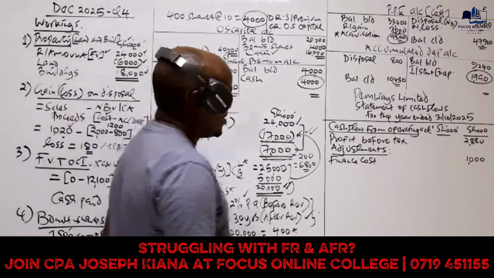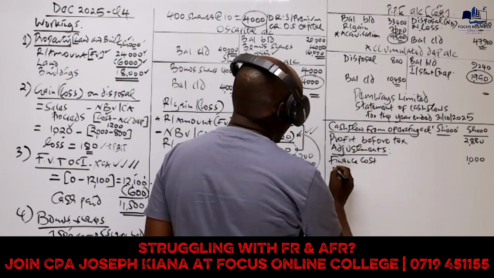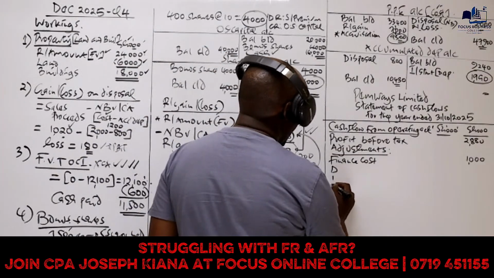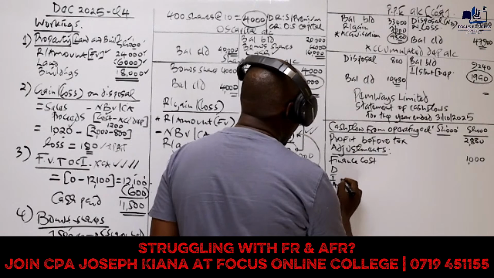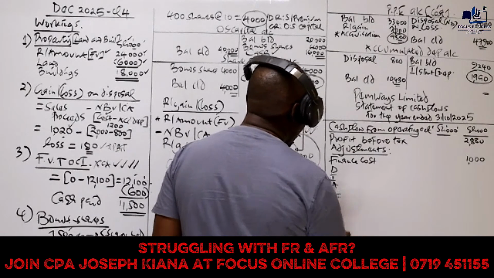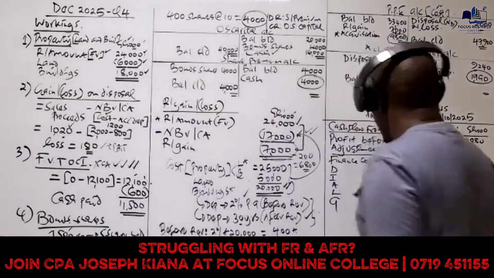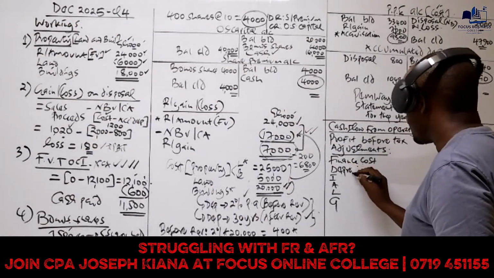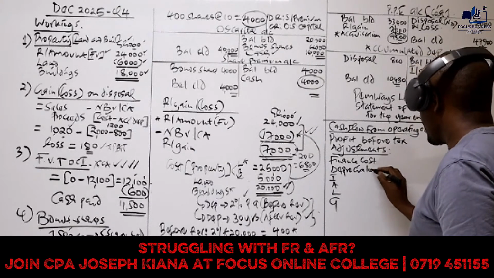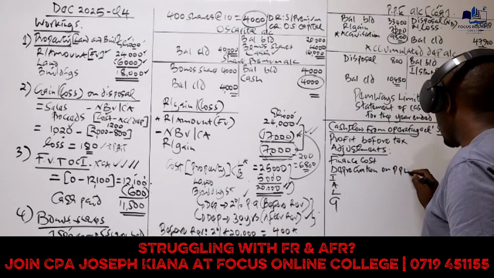Then from there, we said we need to make a number of adjustments to this profit. First of all, we adjust our profit for the non-cash items. Just recall that acronym, DIAL G. This one stands for depreciation on property, plant and equipment.